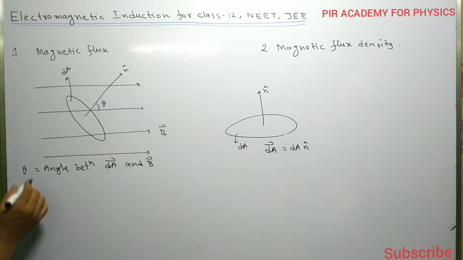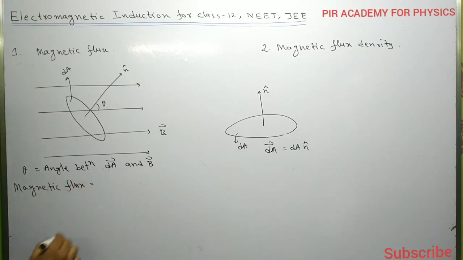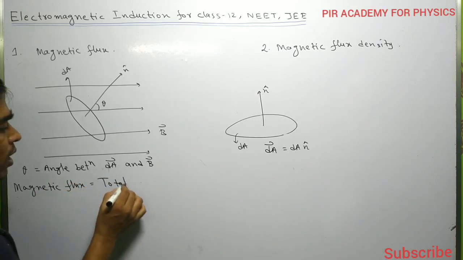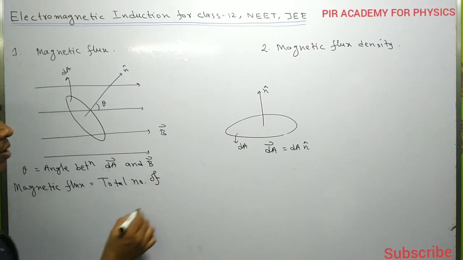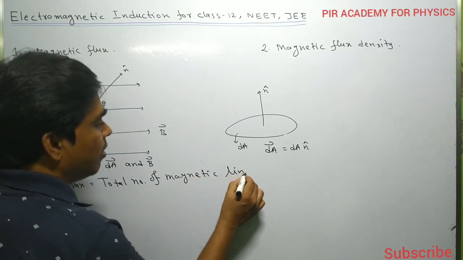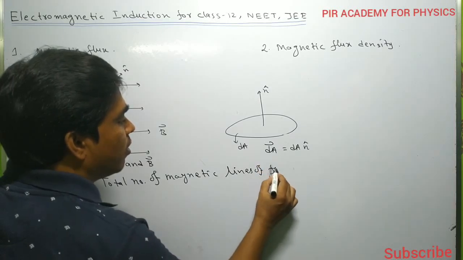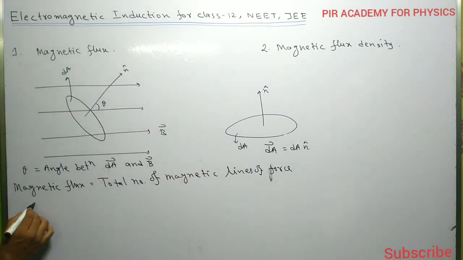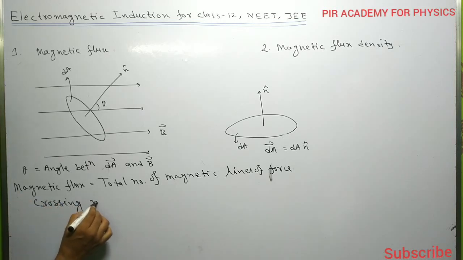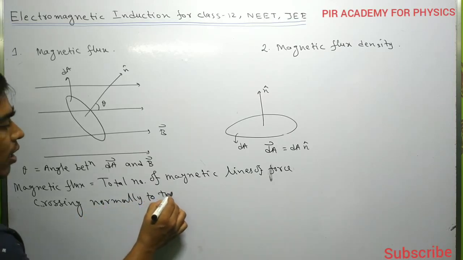Now what is magnetic flux? Magnetic flux is equal to the total number of magnetic lines of force crossing normally to the area.